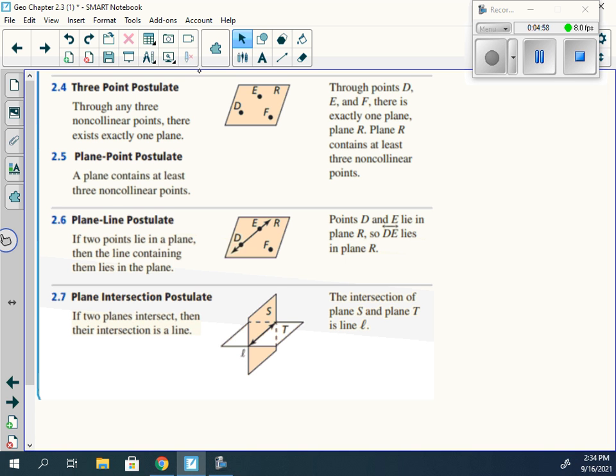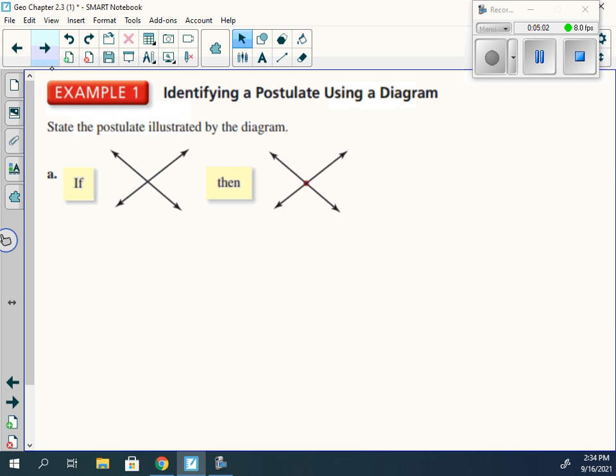Questions on any of this so far? Okay. What we want to do with this here is name the postulate described in the diagram. So what is this first picture showing us?